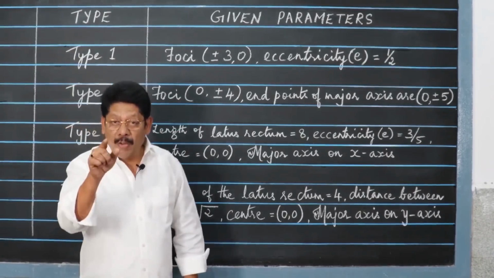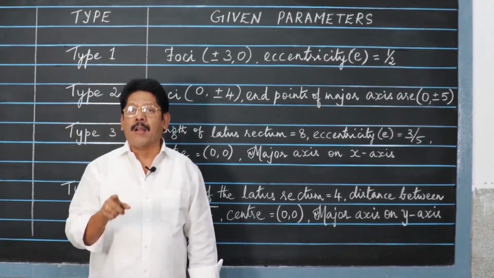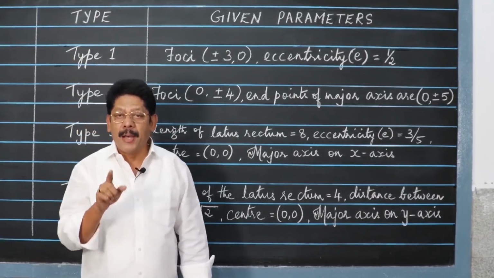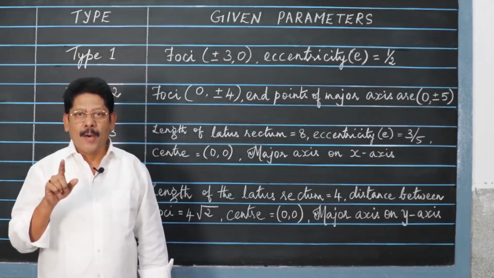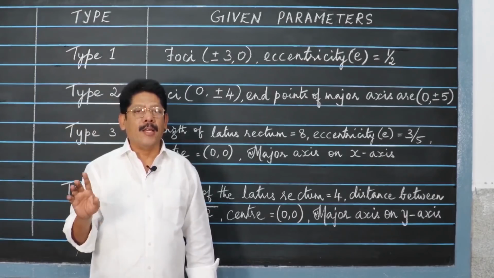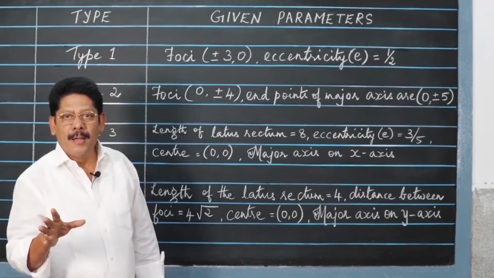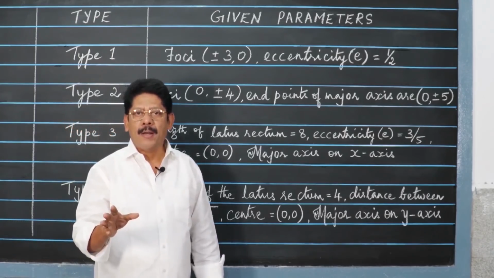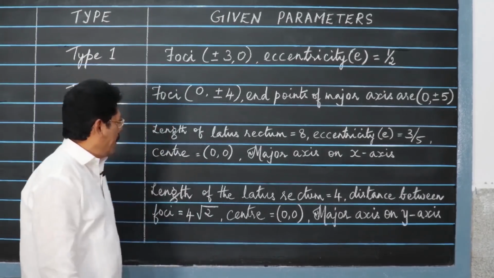The equation of the ellipse with its major axis along the y-axis is of the form (x minus h) the whole square by b squared plus (y minus k) the whole square by a squared equal to 1. Hope you have understood very clearly. Now you can establish the problem to be solved. Now let us pass on to type 3.